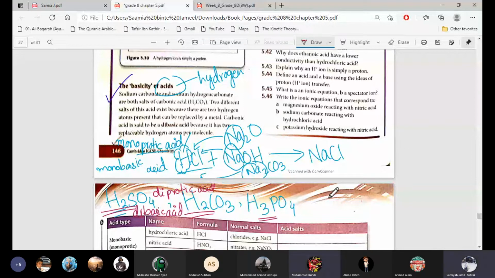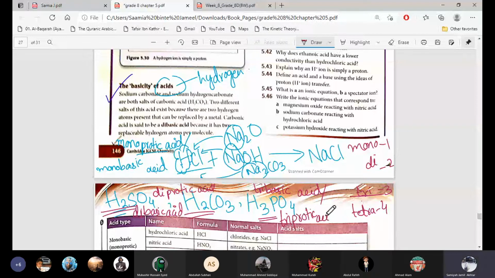Prefixes: mono, di, tri, tetra means 4. So what is the word used for 3? Very good, tri. So H3PO4, phosphoric acid, will be tribasic because there are 3 replaceable hydrogen atoms. So tribasic, or also triprotic acid.